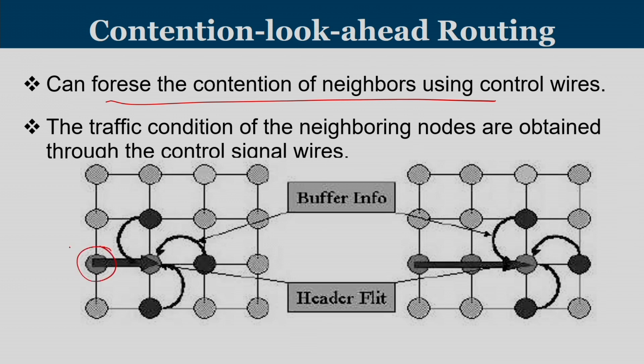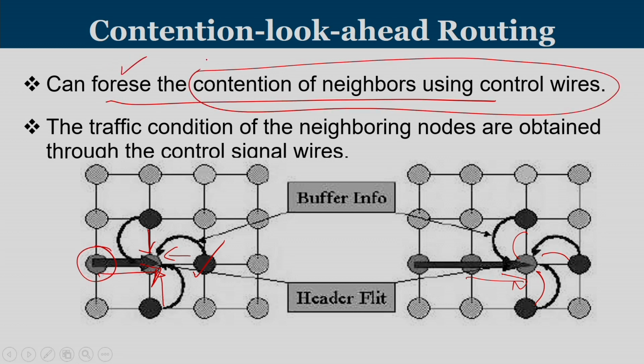When you are here, you are going to reach the next router. Once you are in the next router, try to get feedback from all the potential neighbors and then take a call. Now, in this case, let us assume this particular router has been chosen. So, the packet moves forward. There also we are trying to collect feedback. So, what we are trying to do is foresee the contention of neighbors using control wires. So, these are all control wires. The buffer information is being exchanged from one router to another.